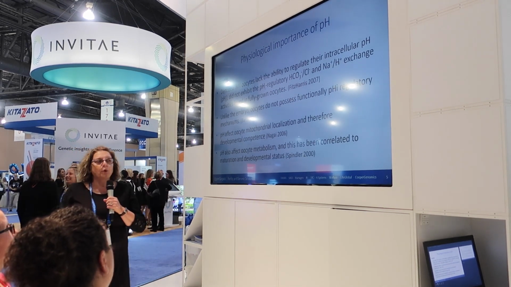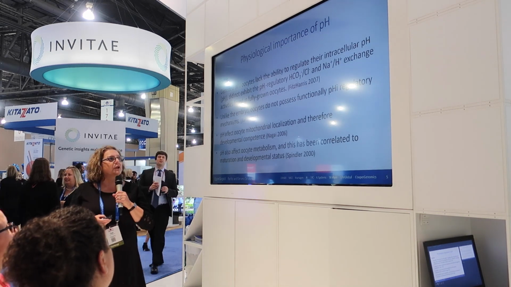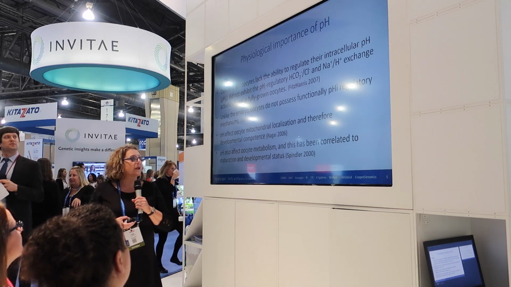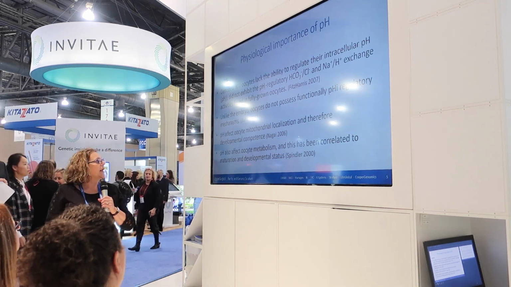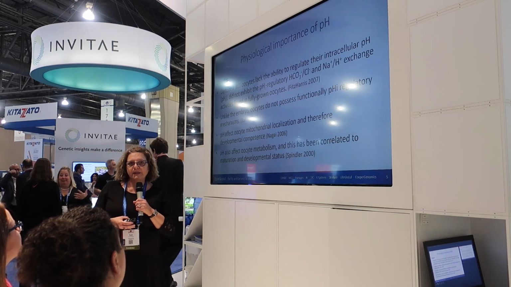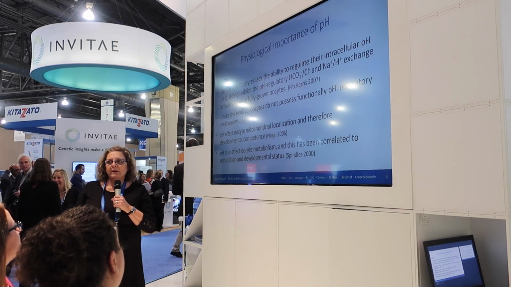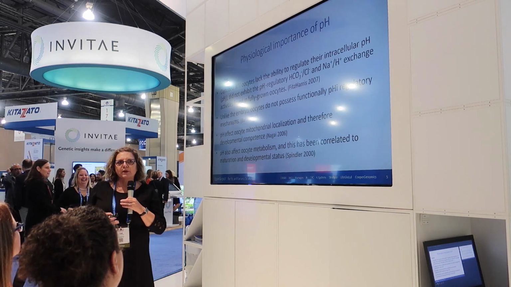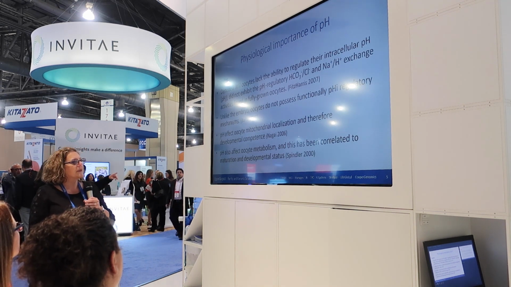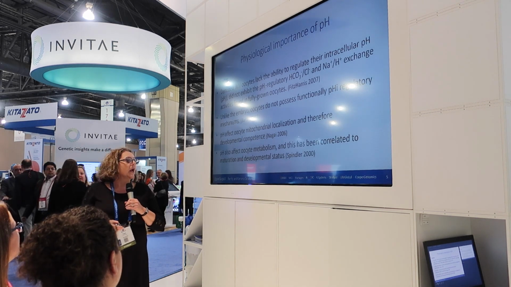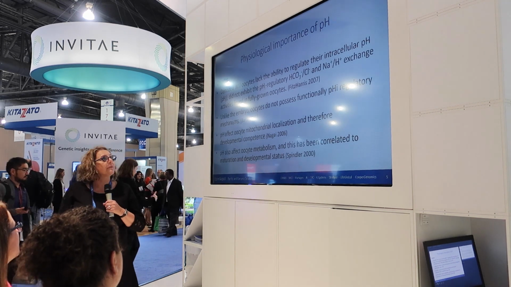Unlike embryos, oocytes do not possess functional pH regulatory mechanisms. It affects mitochondrial localization and therefore developmental competency, and it can also affect oocyte metabolism. So sometimes we think, why am I not getting good fertilization, or what's going on with my oocytes? Well, it certainly does that, and it's been correlated with maturation and developmental status.